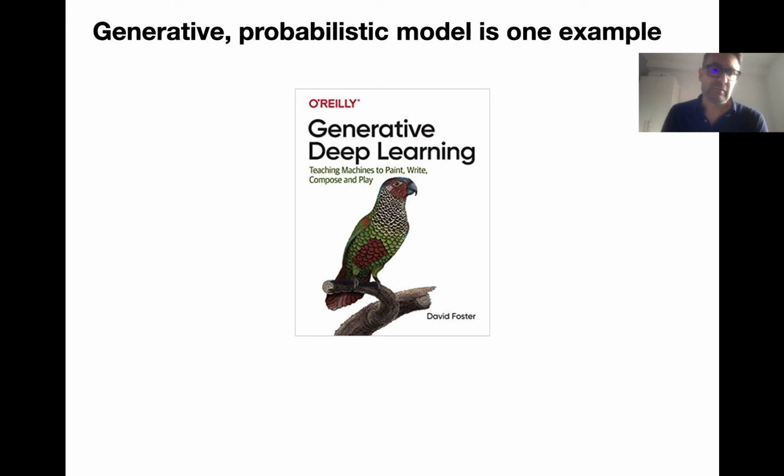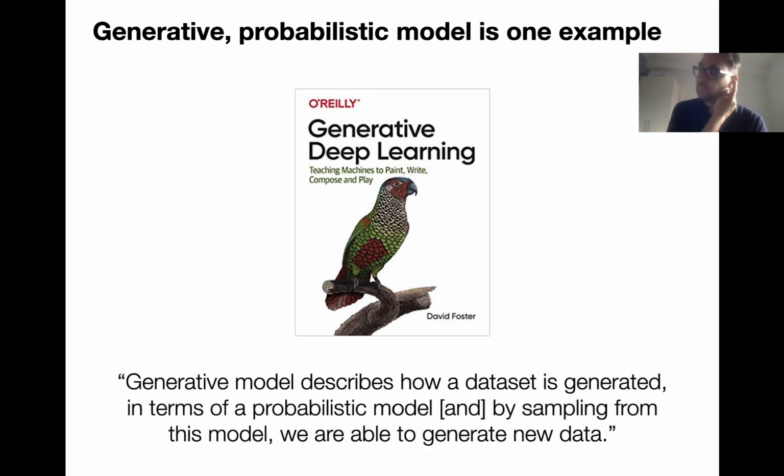So one example can be generative probabilistic models. This is all the rage: you've seen these deep fakes and all of these systems that use deep neural nets to generate realistic looking new images of celebrities that do not exist, for example.